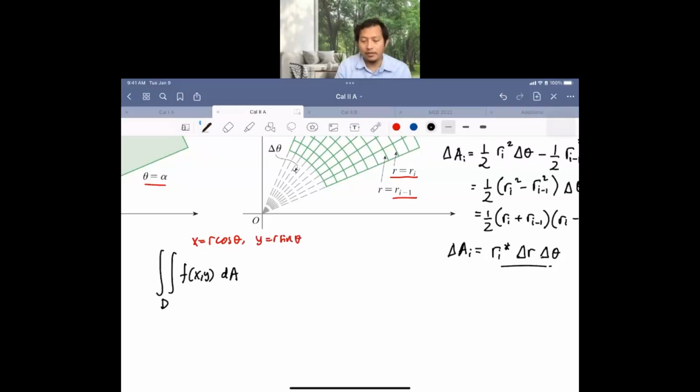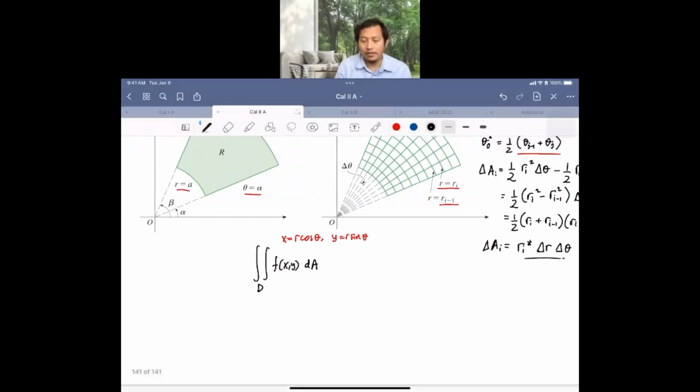So we could write a Riemann sum for this double integral as the double sum of f, and then we start from r_i.